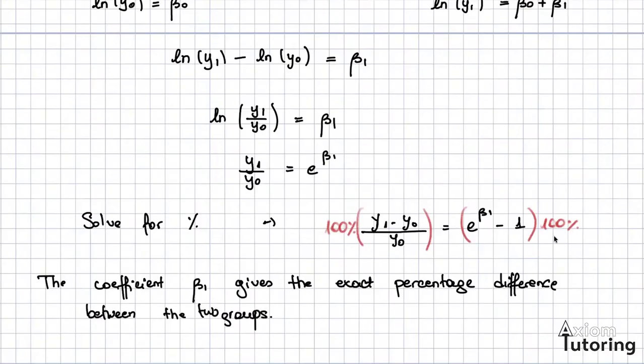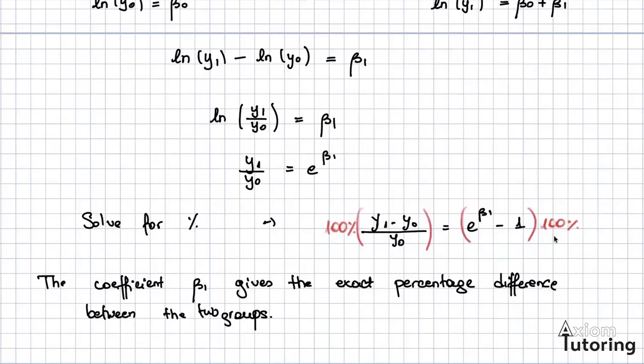So if in the log level general model we looked at how y changes if x increases by 1 unit, in here we have the x, your d, going from 0 to 1, so switching groups from no to yes.